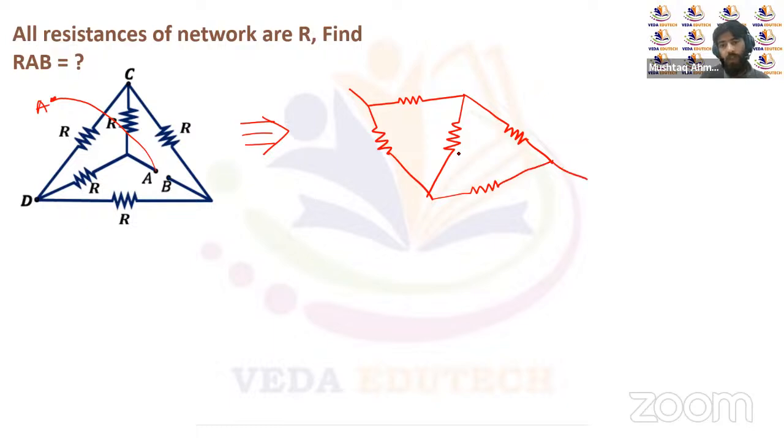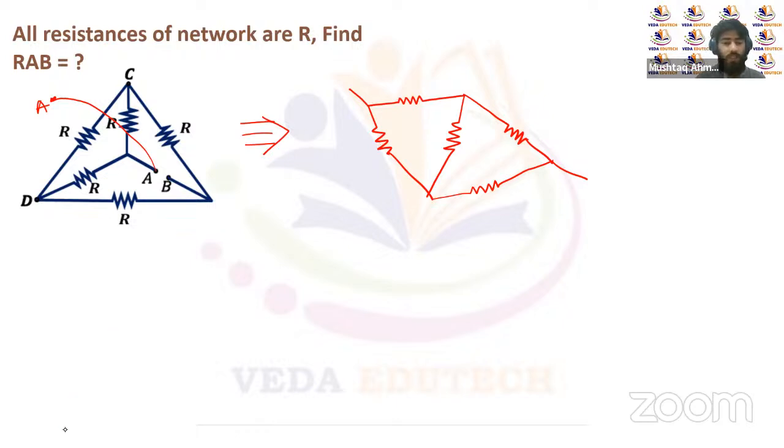So this will be the rearrangement or the new arrangement of this circuit, right? These two circuits are actually equivalent to each other. What we have done is just flip the point A across to the left hand side so that the shape of this circuit changes.